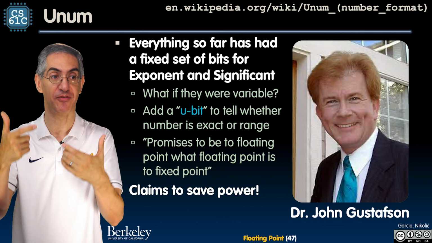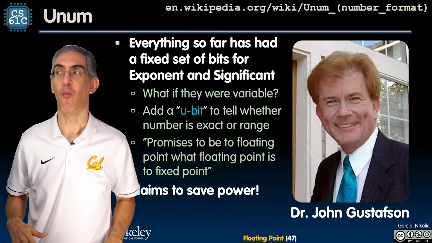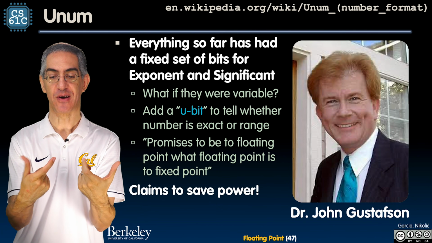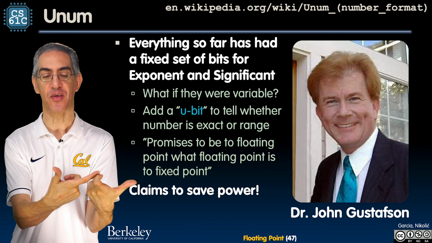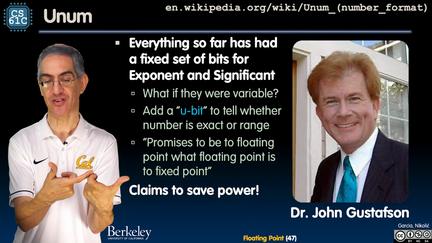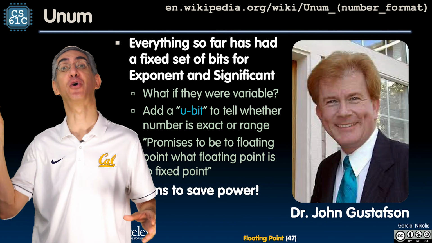You saw them, all the different things. So he stepped back and said, why don't we abstract it even more? Why don't we allow you to vary the bit width of the exponent and significand? You see that connection? That's his idea. So what if you made that variable? It's almost like a third variable.